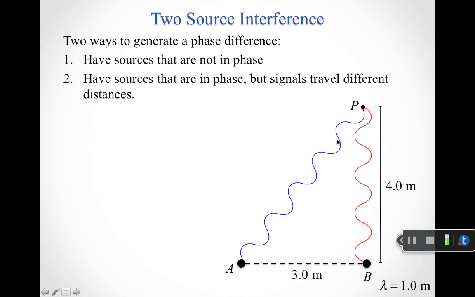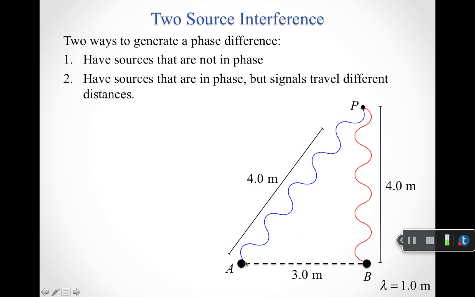So that additional distance that the blue wave travels now matters. And depending on how much longer I make one wave travel than the other and what their wavelength is, I can induce a phase difference.